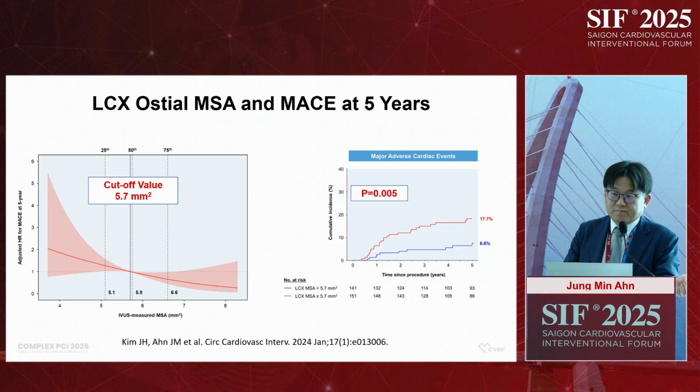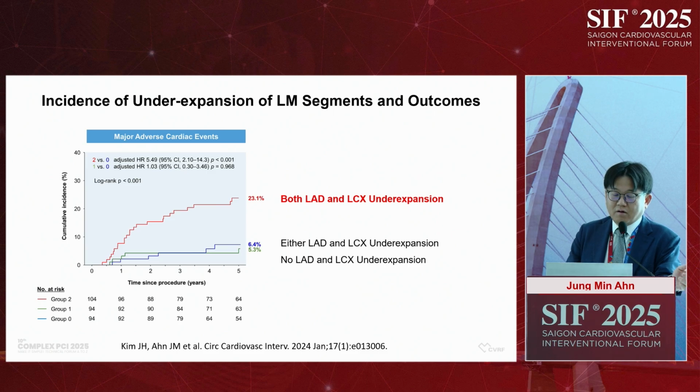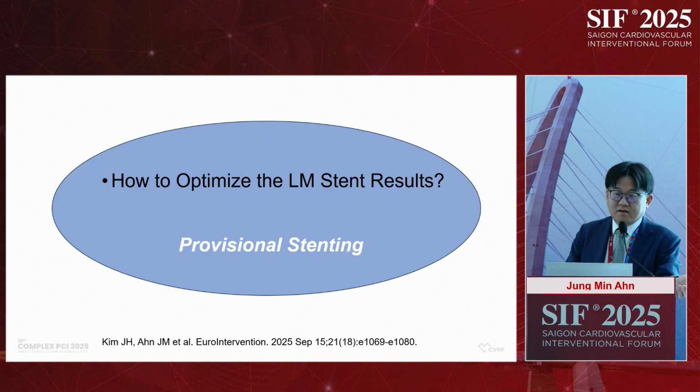Looking at the spline curve, it is linearly associated: smaller circumflex ostium minimal stent area, higher event rate, and larger circumflex ostium, lower event rate. When there was under-expansion, particularly in both LAD and circumflex, the event rate was very high, but with no under-expansion, the event rate was very low. So we showed that in the two-stent technique, 8, 11, 6, 8, 11 is associated with better clinical outcomes.